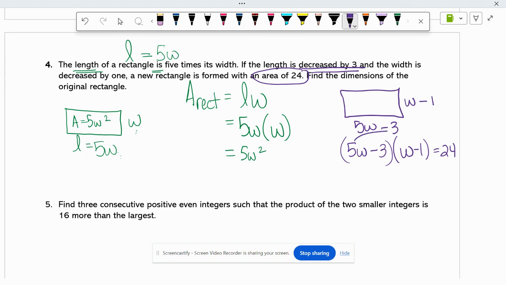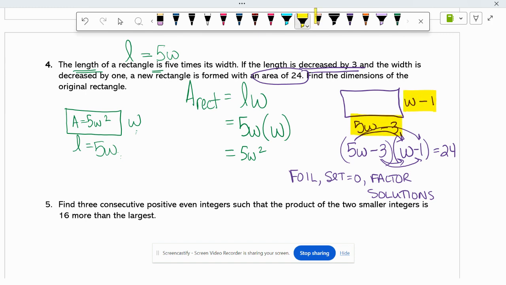Well, the first thing you're going to have to do is FOIL or distribute. Then you have to set it equal to 0, and then you have to factor. When you get your solutions, it's not asking you for the dimensions of this new rectangle.